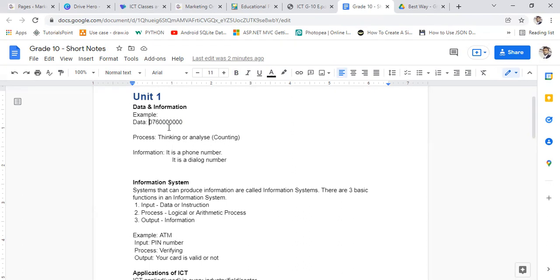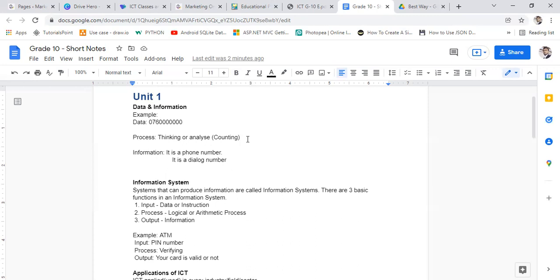Process can be anything; there are so many processes. For example, I have mentioned thinking, analyzing, counting, mathematical operations, and so on. There are so many computer processes too. These are just a few of them: thinking, analyzing, addition, subtraction.